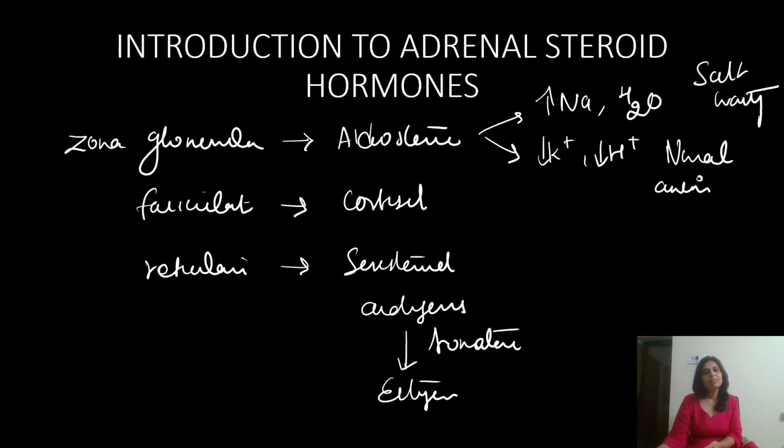In the speed learning app, I've told you how to classify metabolic acidosis, and if you watch that video, you'll understand why this presents as normal anion gap metabolic acidosis. So these are the features expected when there is low aldosterone: hyponatremia, hypotension, hyperkalemia, and normal anion gap metabolic acidosis.